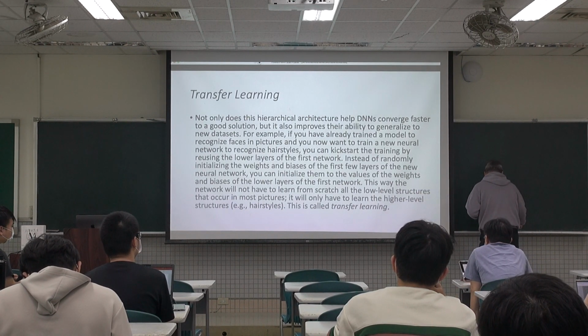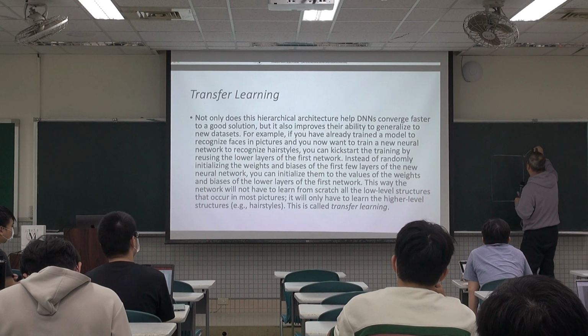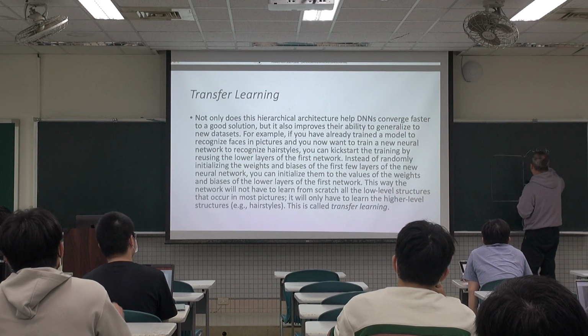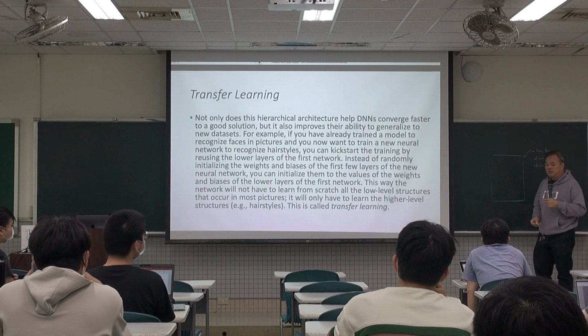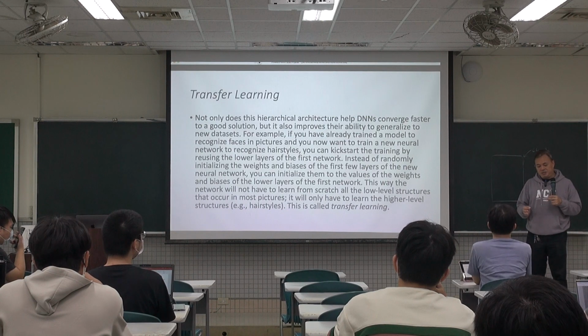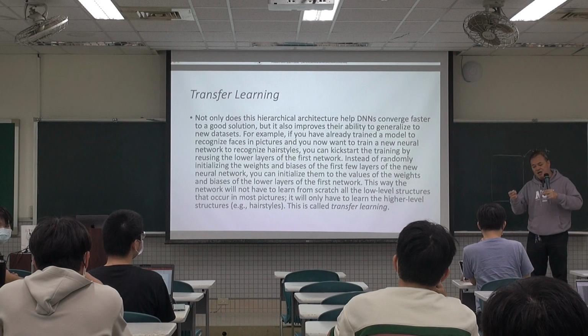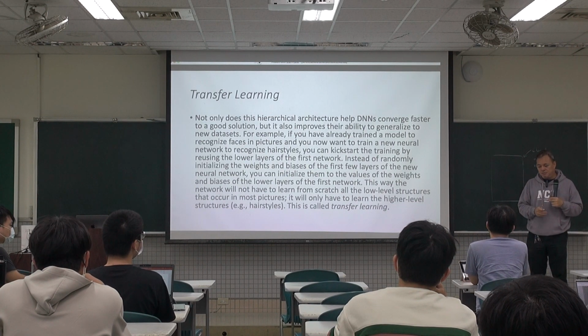If I draw it, this is the model that classifies different objects, for example a person, a car, a cat, many different types of objects.